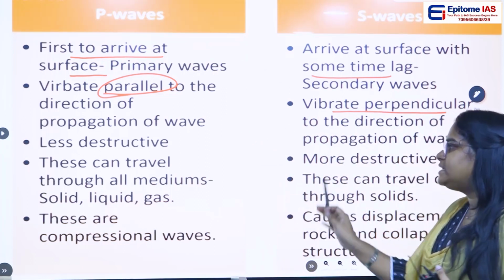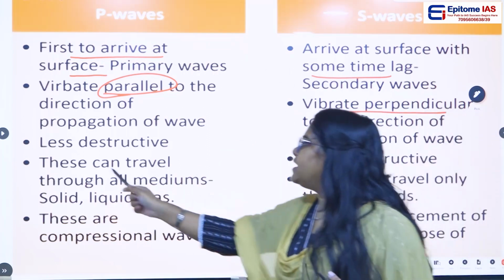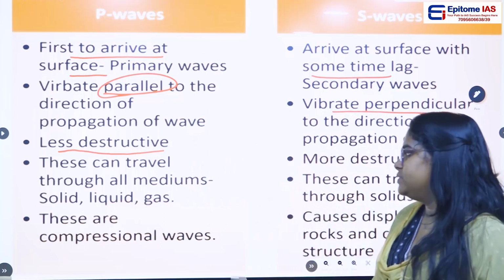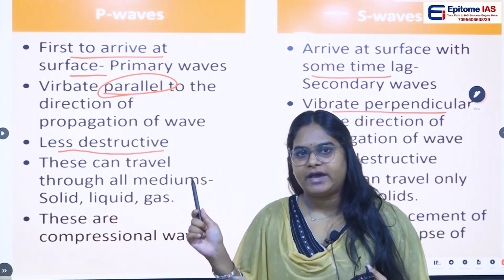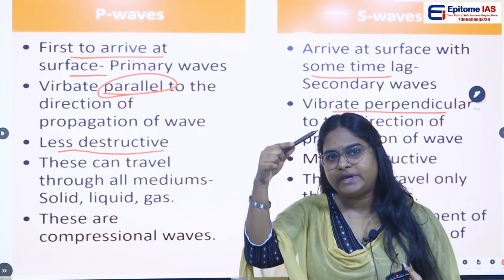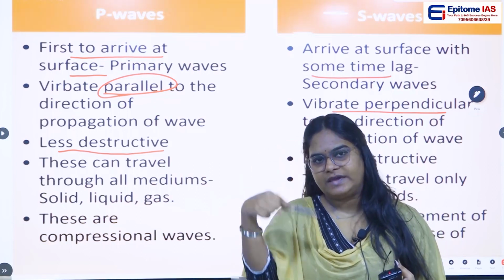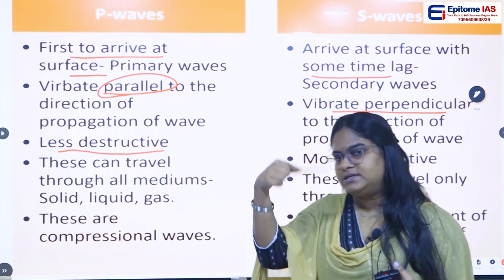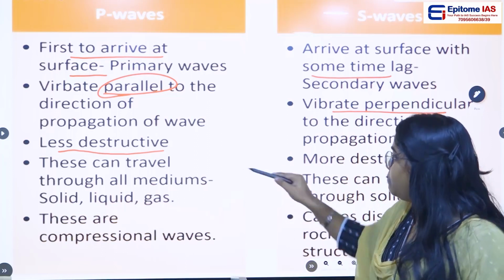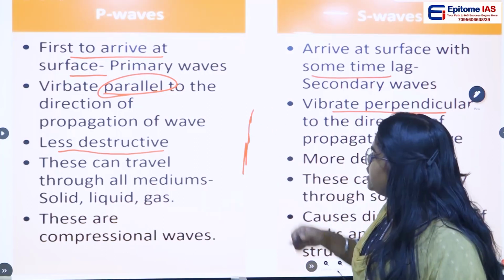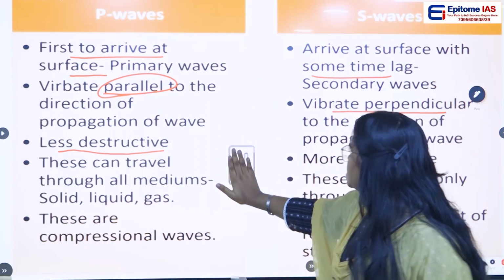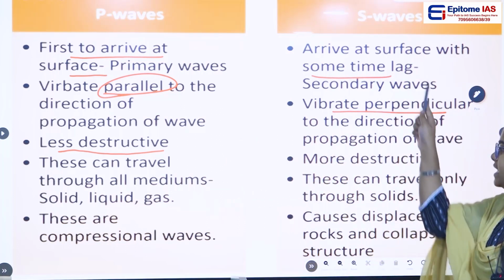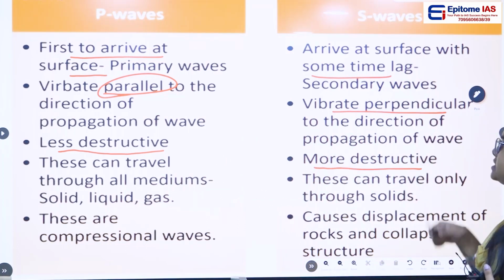And the next point is, these P waves are less destructive. They are not much destructive. Why? Because it is propagating in the direction of the wave. It is moving back and forth like this. So it will not create much destruction. But the secondary waves create much destruction.